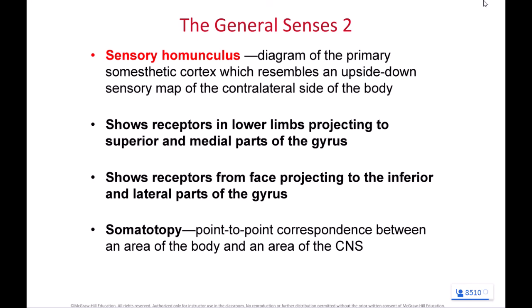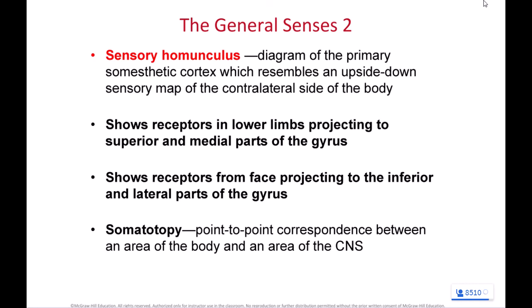As we look at our sensory homunculi, it shows visually the different regions of our body plotted out over the primary somatosensory cortex. This study of where sensation from a certain part of the body is sent to the brain is referred to as somatotopy. It's a study where you can stimulate certain regions of the body and then see what part of the brain lights up.